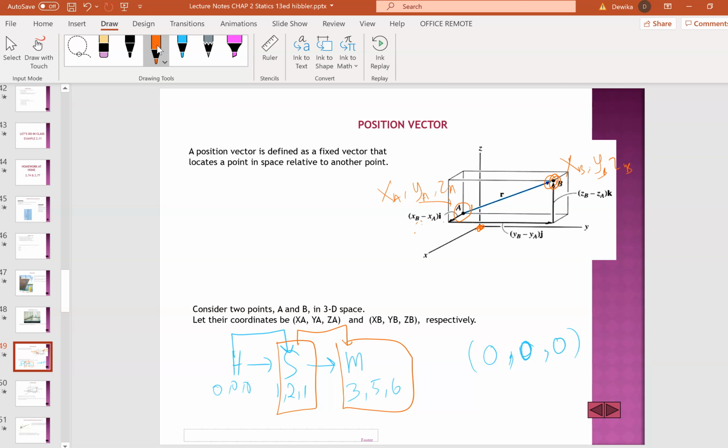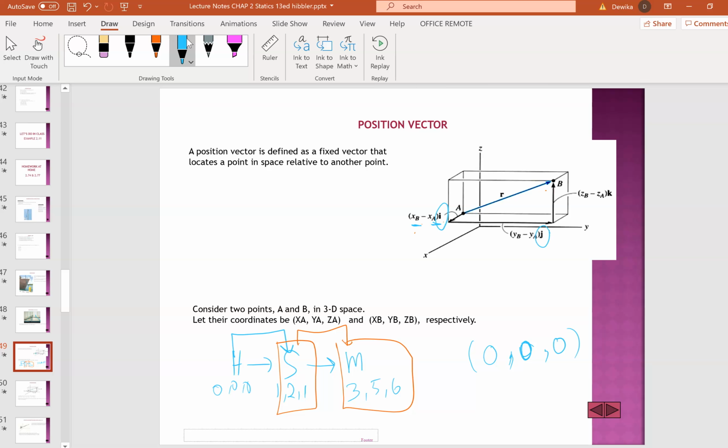Now, how do you find the position vector? It depends on the direction of the arrow. In this case, the arrow is starting from A to B. Because it's starting from A to B, you take the final coordinate x B minus x A for your i.